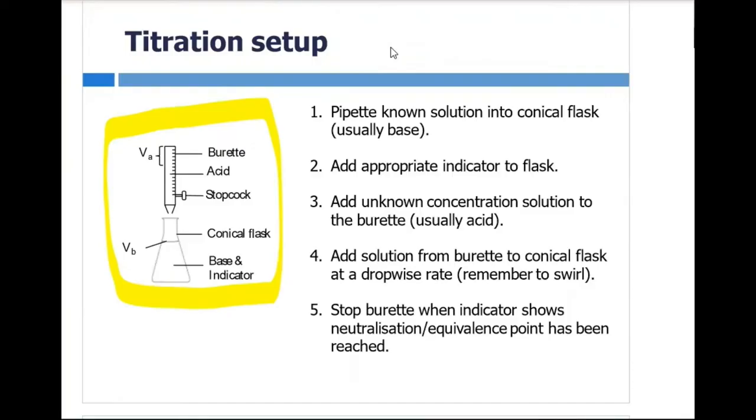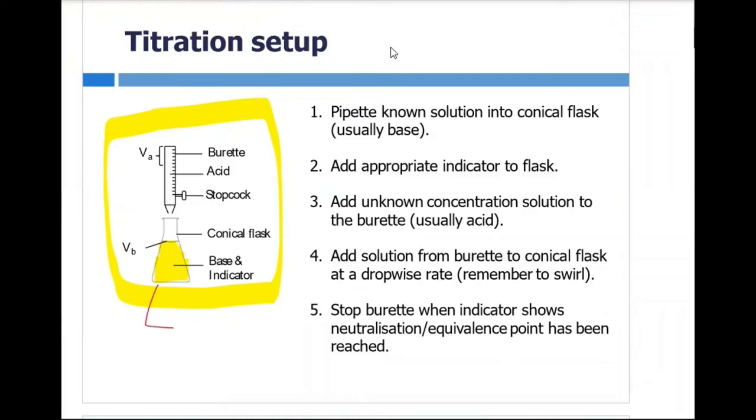Okay, so please note that the concentration that you know, which is our known concentration, our standard solution, you usually have at the bottom in your conical flask. Why? Because that is the solution that you just made up. You either diluted it with water, or you had to weigh the correct mass, then dilute it, then do your calculation to get the correct volume.